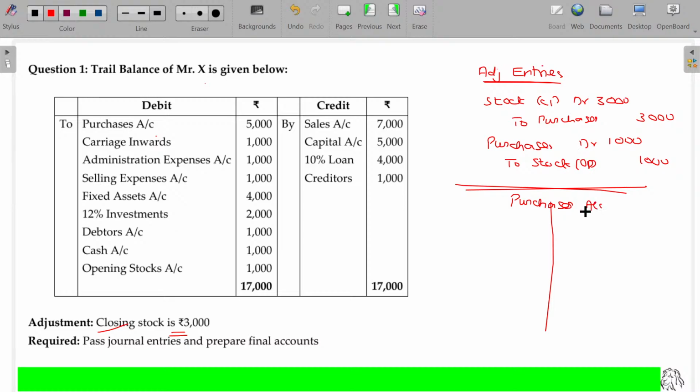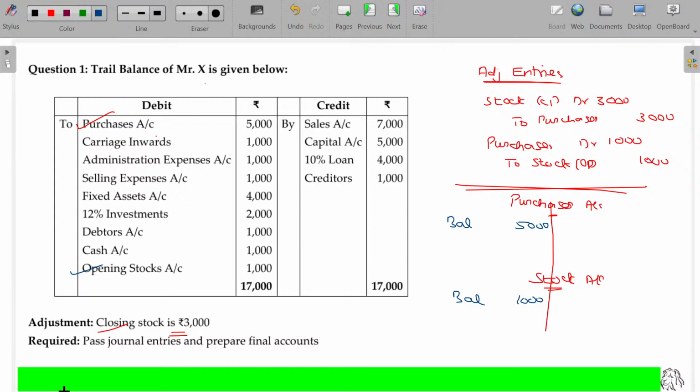Purchases shows a debit balance, so put the value in the debit side balance. Opening stock appears on the debit side, put that value in the debit side balance. Clear?